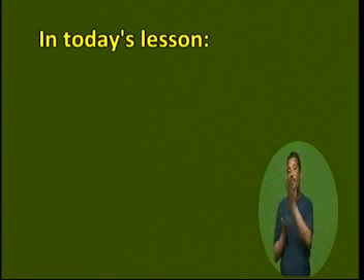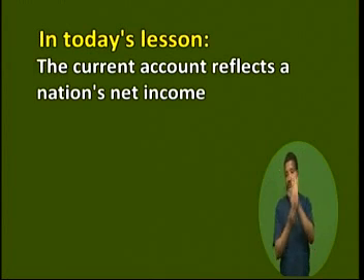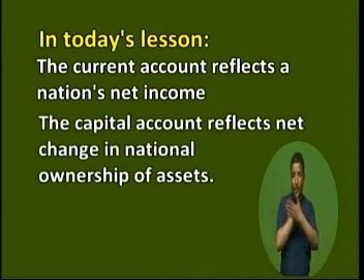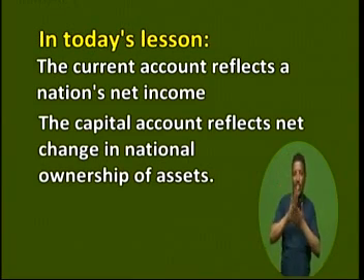Before I wind up today's lesson, let me summarize the main points. In our lesson today, we have discussed the capital account balance and national debt service. We have seen that while the current account reflects a nation's net income, the capital account reflects net change in national ownership of assets.